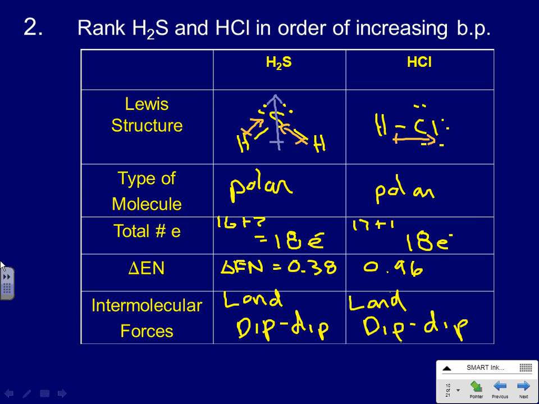So for the simplicity of this course, when I ask you to analyze something like this, just look at the delta ENs, all right? It's an oversimplification, but it's kind of a beginning for you to say, okay, which one then is greater at being a dipole? And we're going to just look at the delta ENs and say that HCl is a stronger dipole than the H2S.